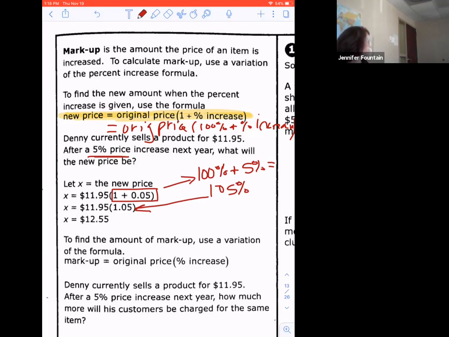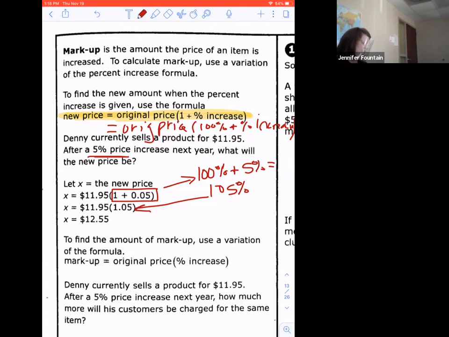I've got to pay for 100% of what the original price was, and I have to pay for 5% more. So I'm actually paying 105% of the original price. So then I just change my percentage to a decimal. I multiply my original price by the decimal that reflects the increase, and that is my new price.